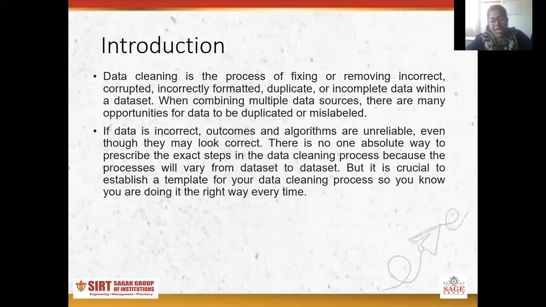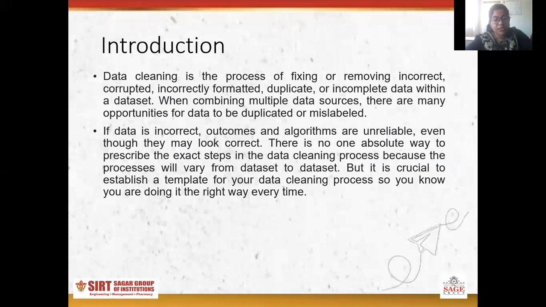In that case, we need to deal with such corrupted data in order to bring the data into a particular format so that we can feed it to the algorithm in order to get our desired output with accuracy.